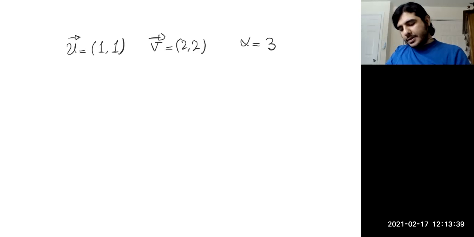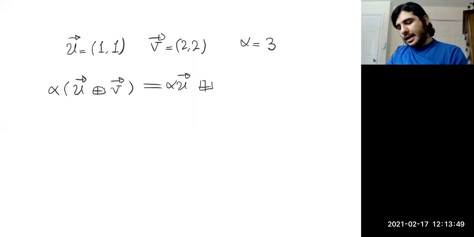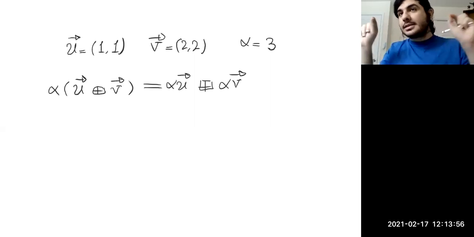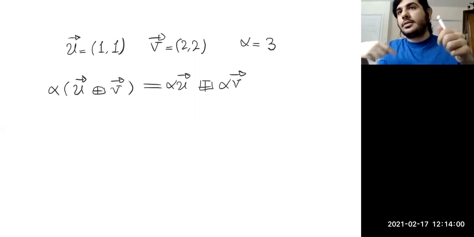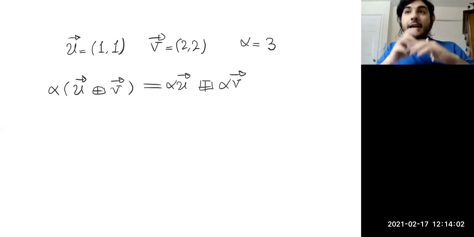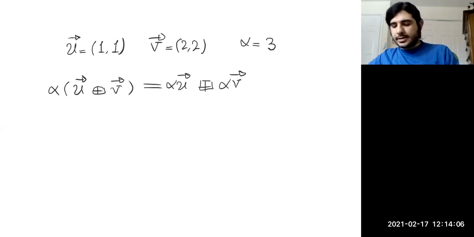For a vector space, we know alpha times (u plus v) should be equal to alpha times u plus alpha times v. Let's see if this equation holds here or not. If it doesn't hold for this specific piece of information, these two vectors and this number, then we have a counter example, and therefore it's not a vector space.